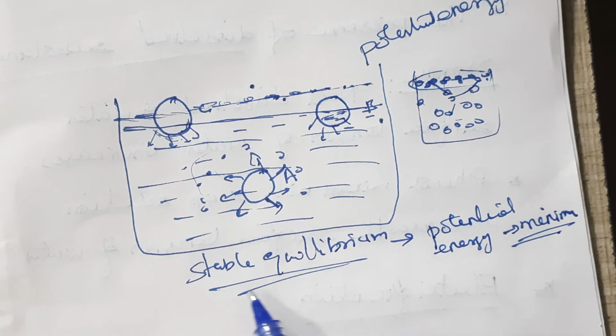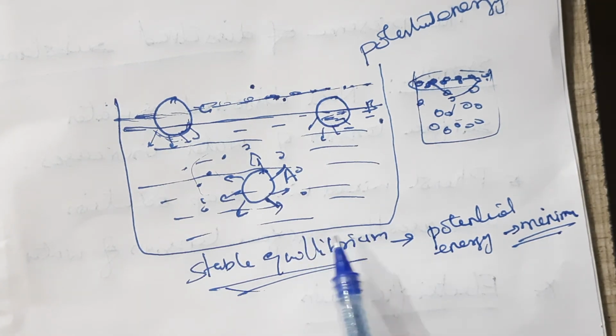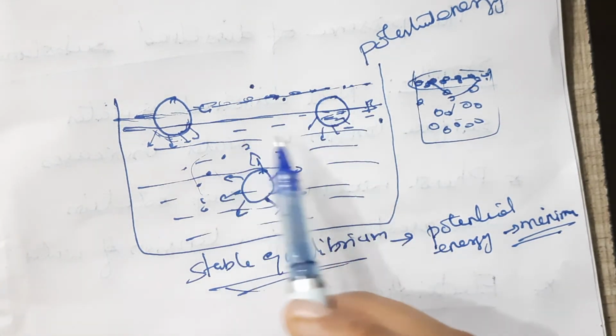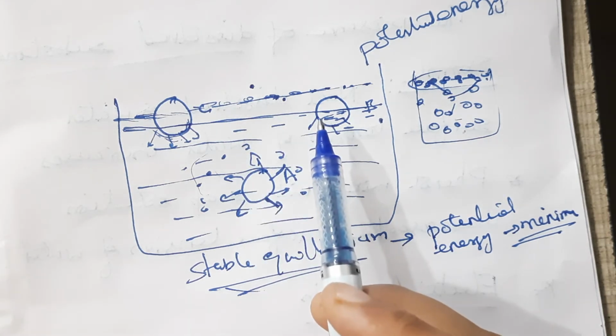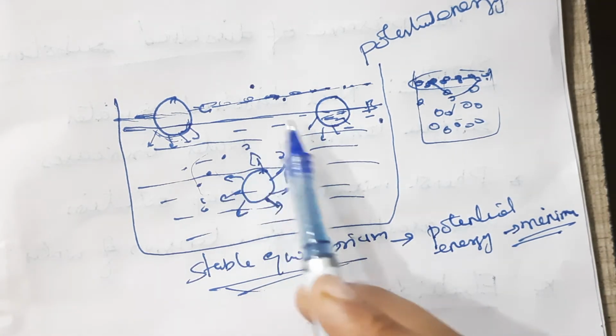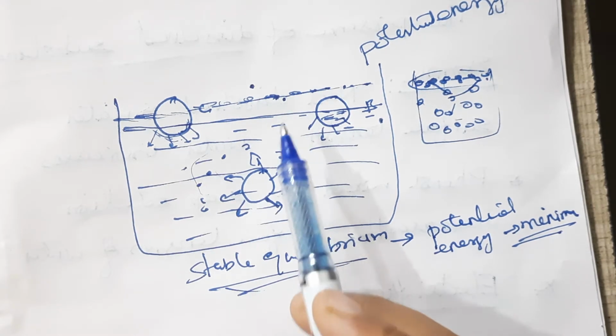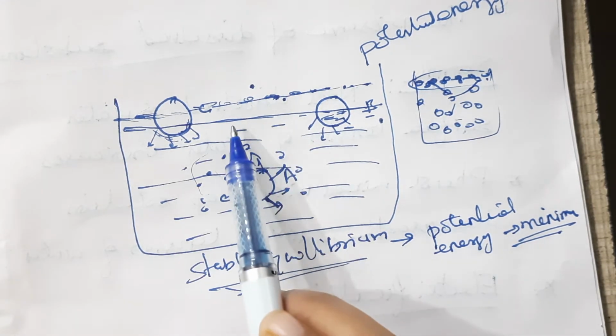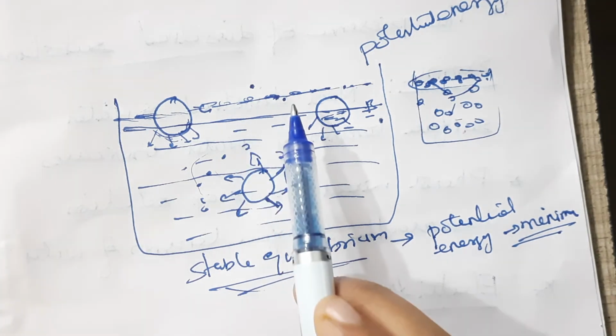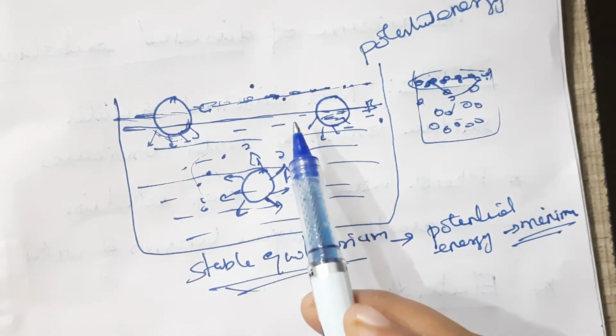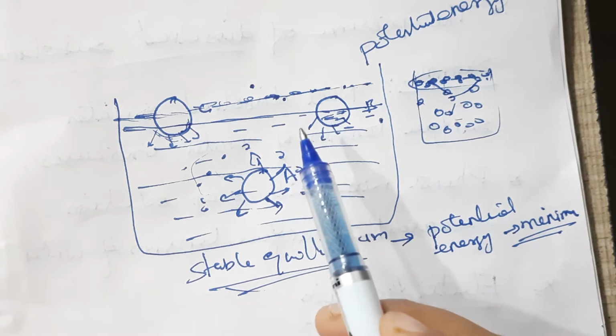Therefore, in order to maintain stable equilibrium, the liquid tends to have a minimum number of molecules on the surface. Understand? So the liquid tends to occupy minimum surface area. This behavior of liquid gives rise to surface tension. Understand?